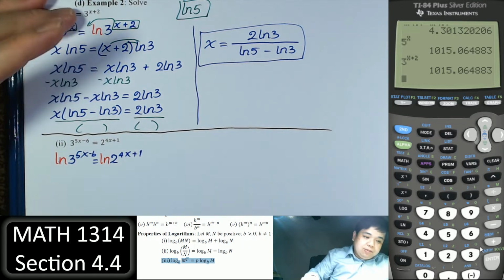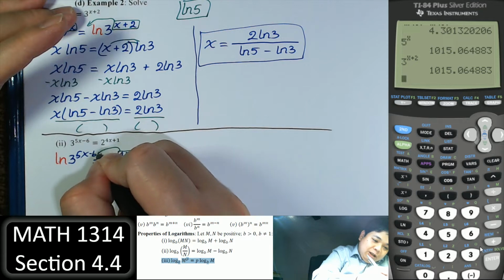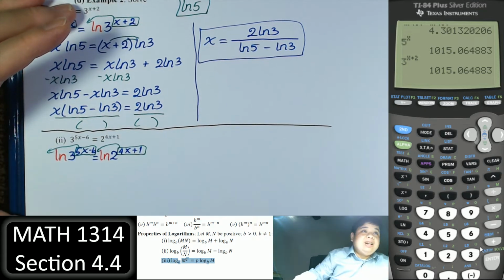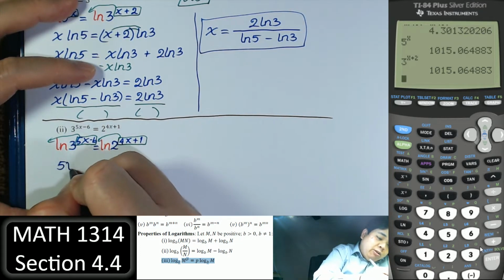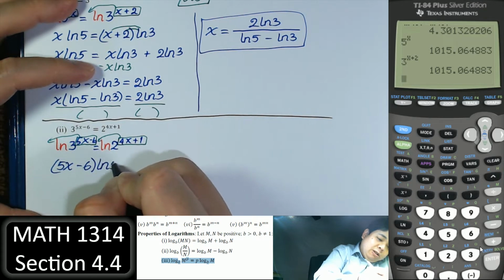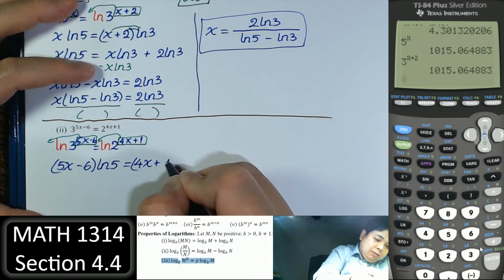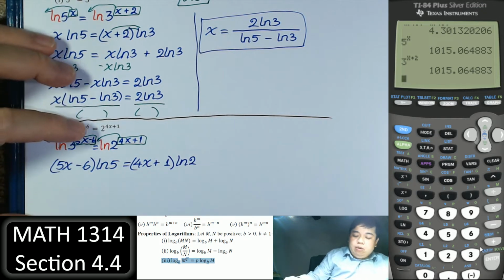Certainly, we only need to write ln, 2 letters, right? So same properties, we take the exponent and bring it down. Right, here we can multiply it out.